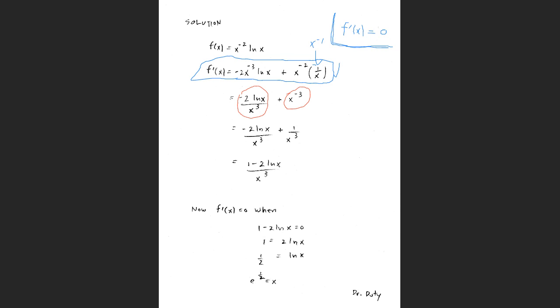But to add them, I need a common denominator. X to the negative third I write as 1 over x cubed. This allows me to write the first derivative as 1 minus 2 times the log of x, over x cubed. This is a form that we're able to work with.